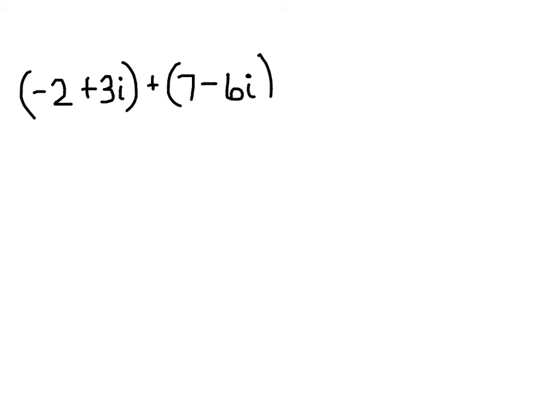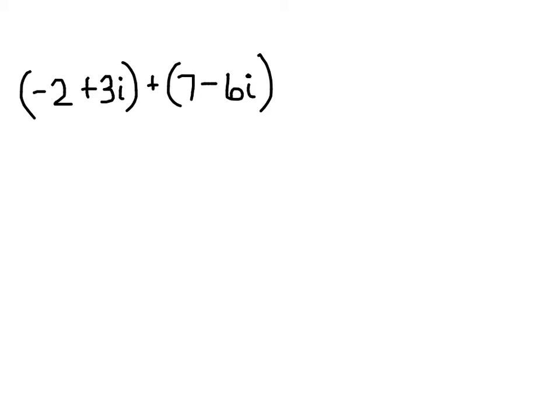Then, number 7 has negative 2 plus 3i plus 7 minus 6i. You need to be careful. It happens every year. I get people that get this problem wrong because they just start foiling. Am I asking you to foil? Why not, Shay? Because it has the plus sign.